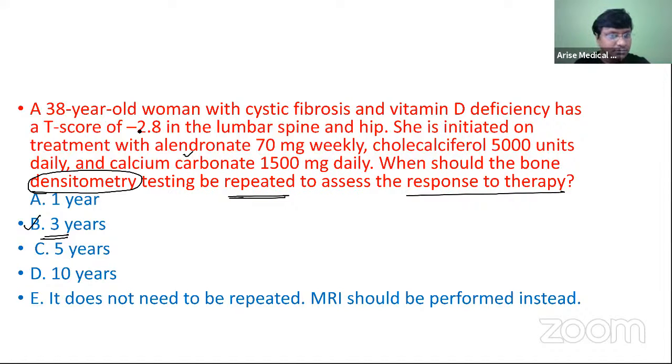The T-score which has become minus 2.8 has to become minus 2.5, minus 2, minus 1, and then 0. That is what is called a positive response when you are giving bisphosphonates, calcium supplementation, as well as vitamin D supplementation. So the answer to this question is 3 years.